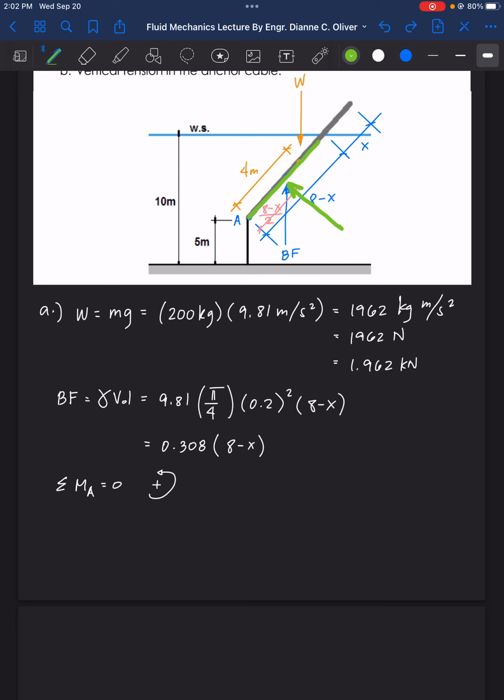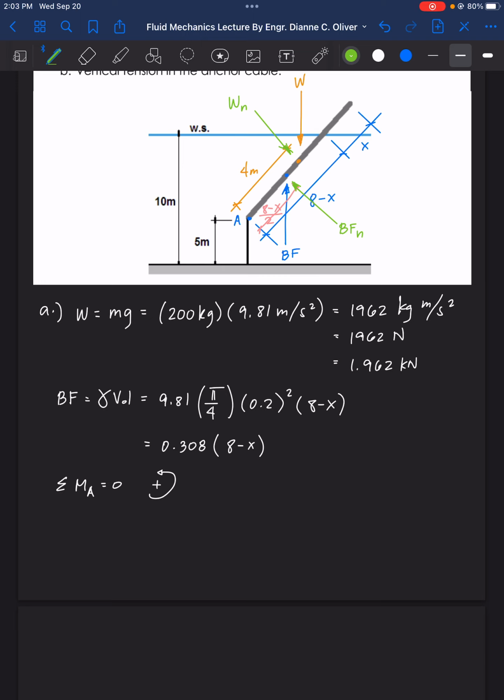So let's represent those components of forces with color green. This is for the weight, and this is for the buoyant force. So this is weight normal, and this is buoyant force normal.